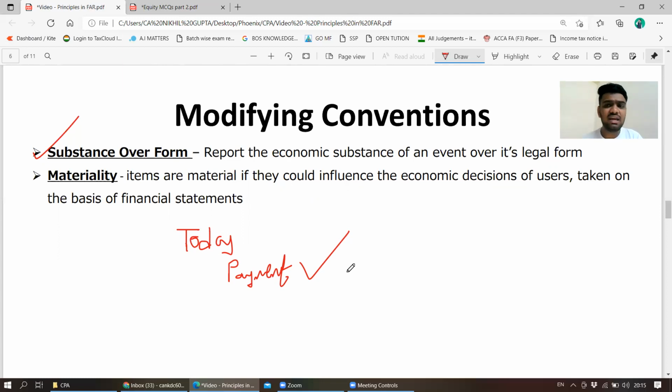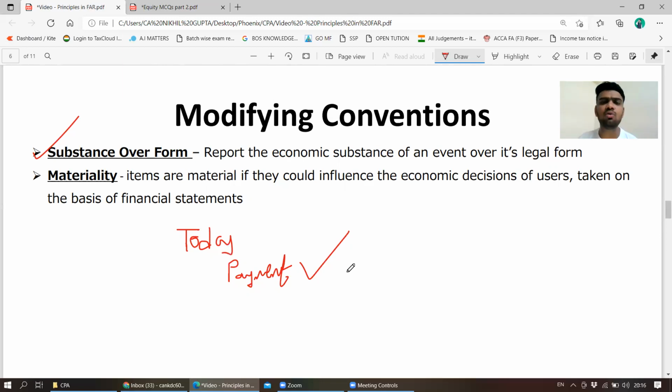The box is ready to deliver, but the customer said, "Just wait. I want it after 5 days." Now the question is, have you sold it? And the answer is very clear. It is yes, because just the delivery was delayed. The transaction is over. I have the goods ready and the customer made the payment. All things are done. So this is the substance which I should look for, not just legality.